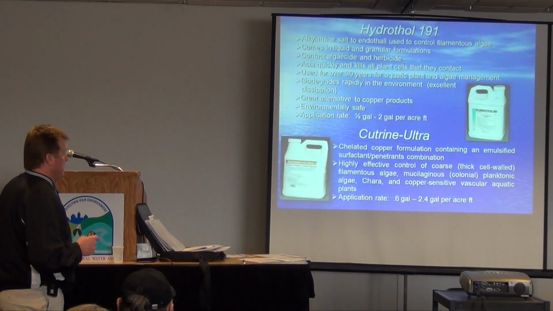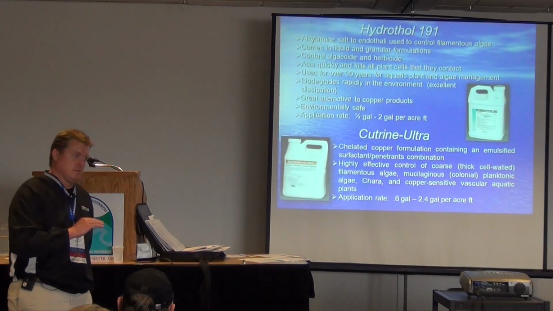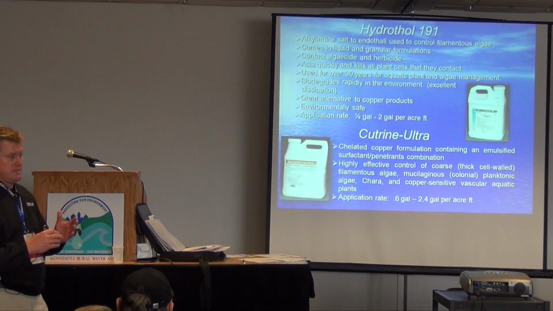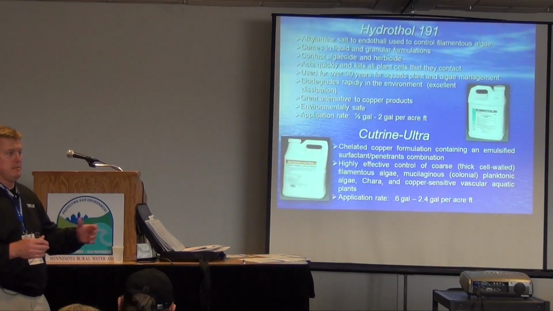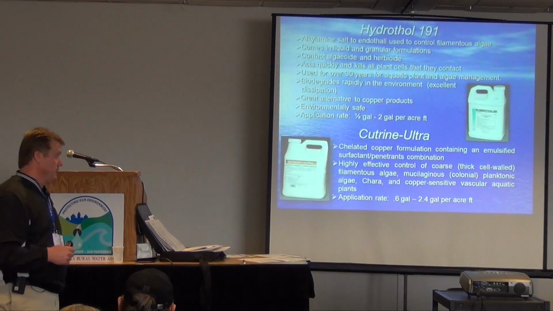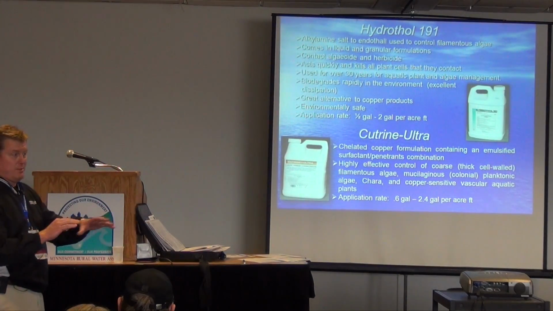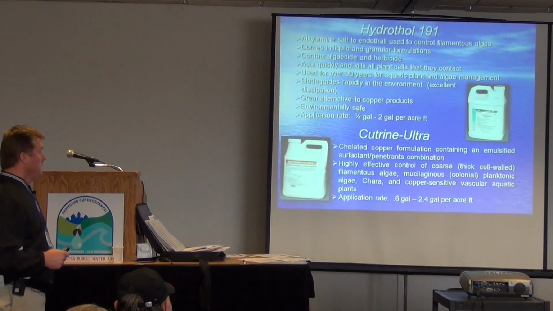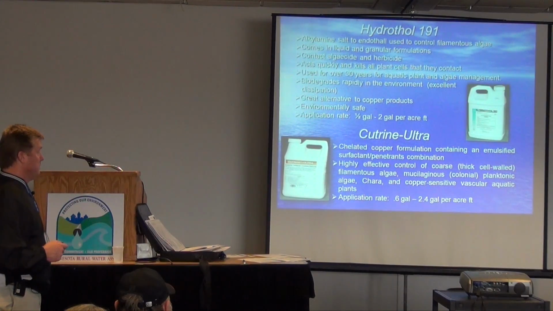The nice thing about Hydrothol is not only does it kill algae, but it kills a whole host of other aquatic weeds. So a lot of times if we've got a lot of algae in the water, but there's also coontail or various forms of pondweed, and we're trying to do two, three things at once, Hydrothol is kind of a one-shot deal in many cases. But if algae is the problem, Hydrothol is definitely the one that we go with.